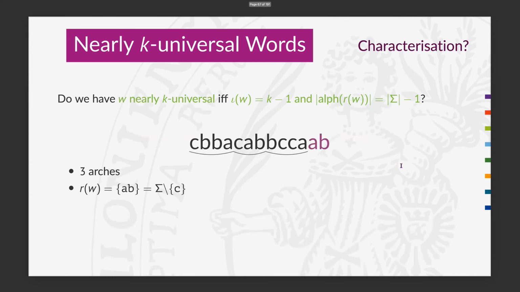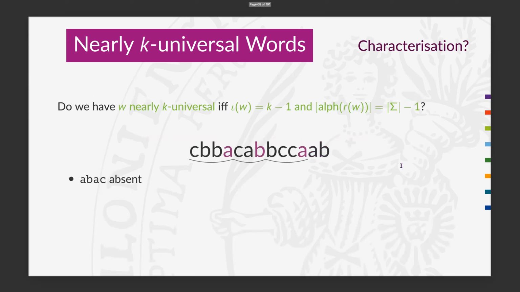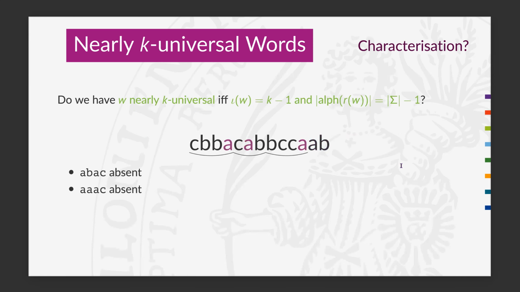So I have 3 arches, and in my rest, I have a C missing, so everything is fine. But unfortunately, ABAC is missing, so jumping the modus, but also AAC is missing. So I'm not jumping to the modus here, but I'm taking something from the inner of the arch, and it is missing too. So we don't have a characterization yet.